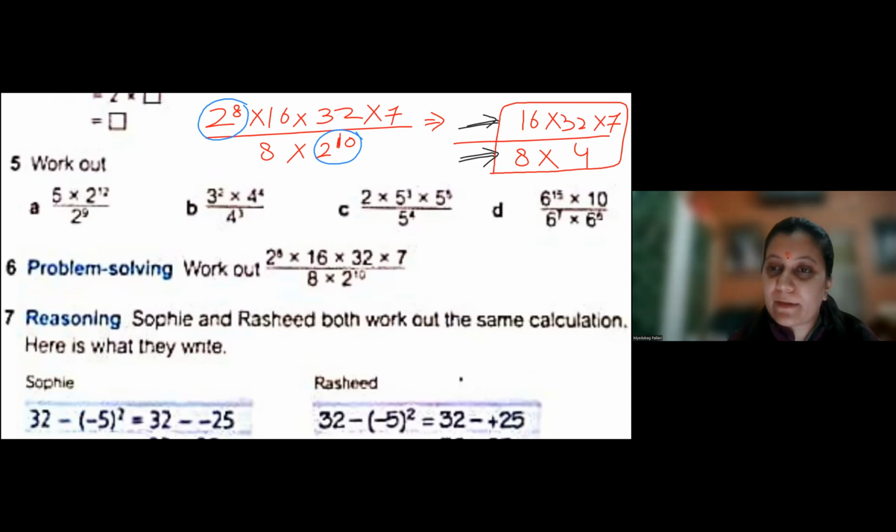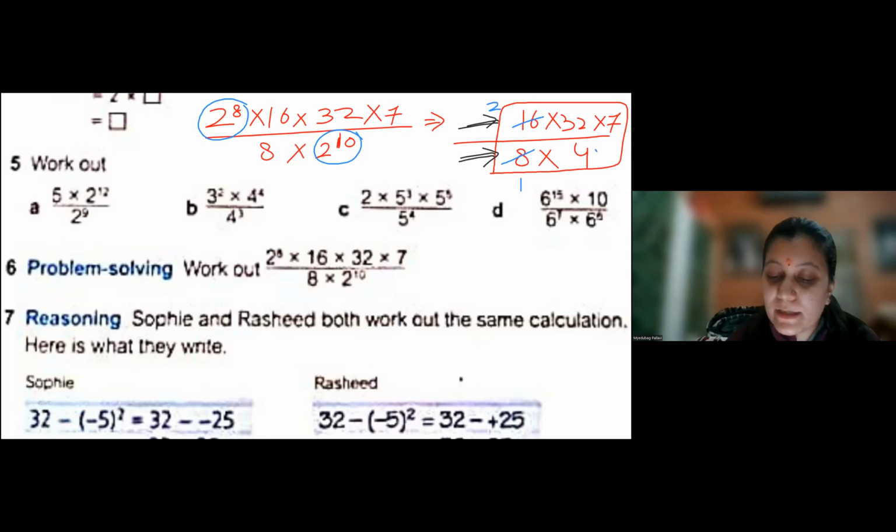Remember this one? So we see with which numbers the denominators and numerators can be cut down. Like in the denominator we have 8, in the numerator we have 16. 8 goes 2 times with 16, right? So 8 ones are 8, 8 twos are 16.